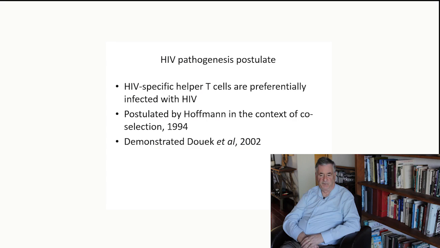The theory also provides us with an understanding of the way HIV interacts with the immune system. HIV-specific helper T cells are preferentially infected with HIV. This was postulated in 1994 in the context of a co-selection model, and it was demonstrated experimentally by Dowek and his collaborators in 2002.